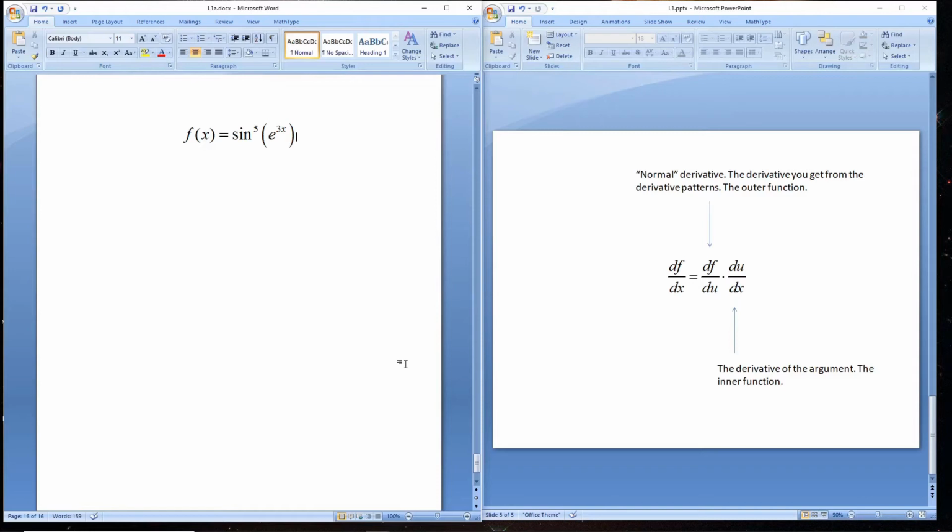And I'm purposely choosing this one because of a common mistake that can happen here. So first, what functions do you see here? There's a sine function. Raised to the fifth means a power function.